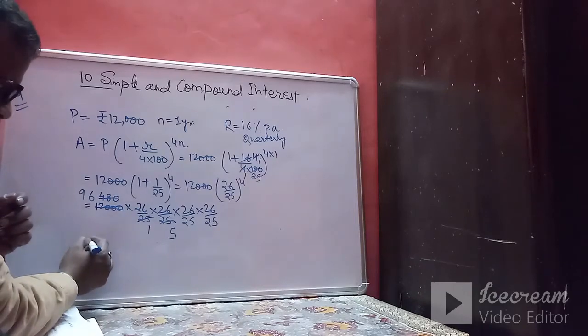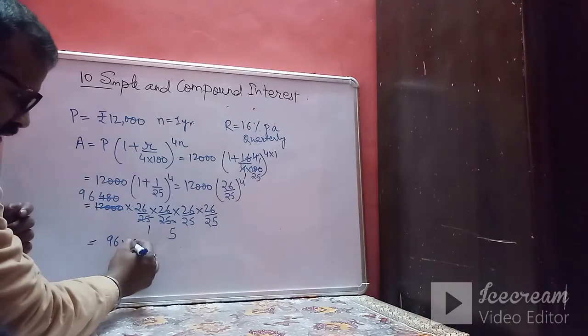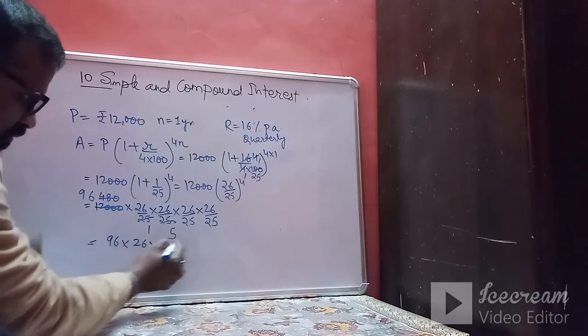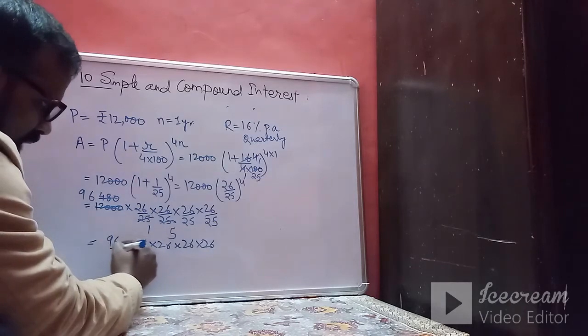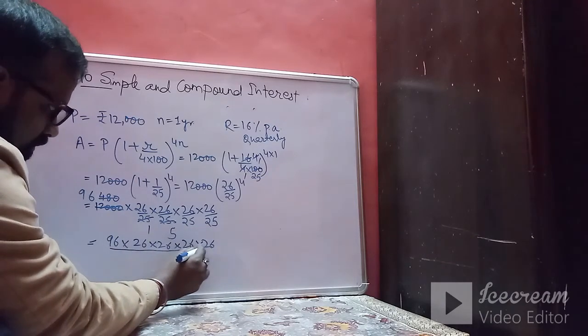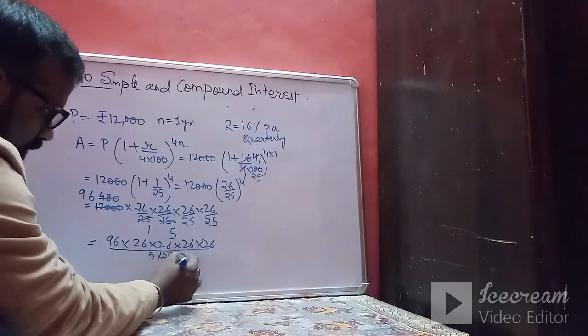So what we have to do is multiply it. 4 times 26 we have to multiply, divided by 5 into 25 into 25.